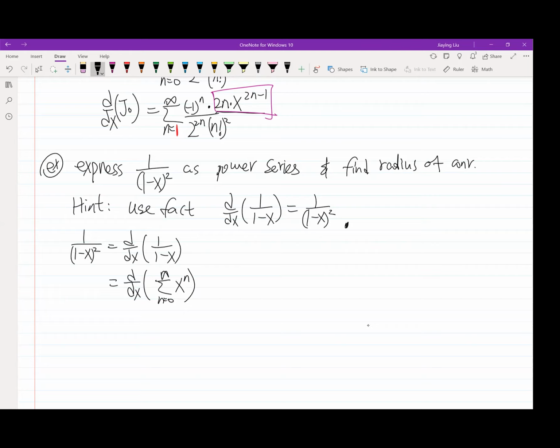We just take the derivative of this series, so that becomes just the derivative of the x to the n. So that becomes sigma n from not 0, from 1 to infinity, n times x to the n minus 1. So this is the power series representation of 1 over 1 minus x squared.